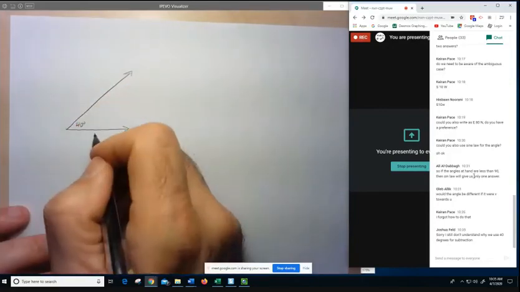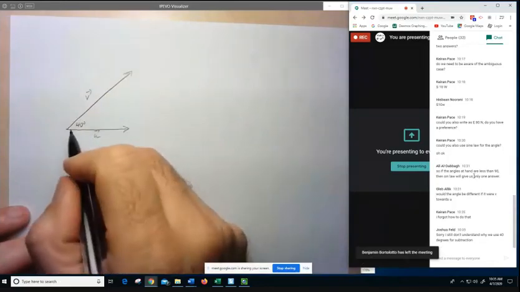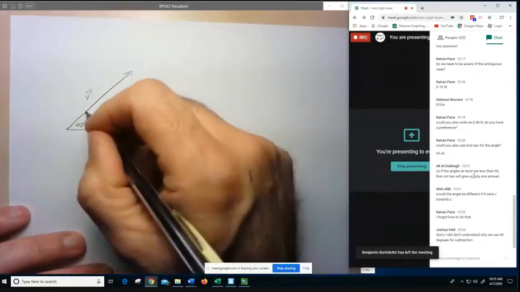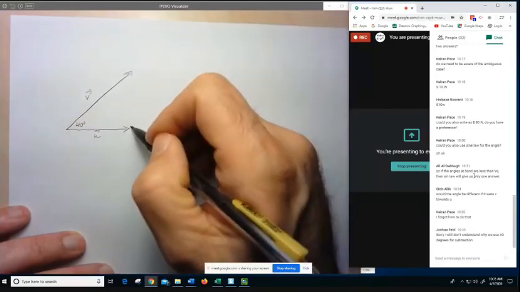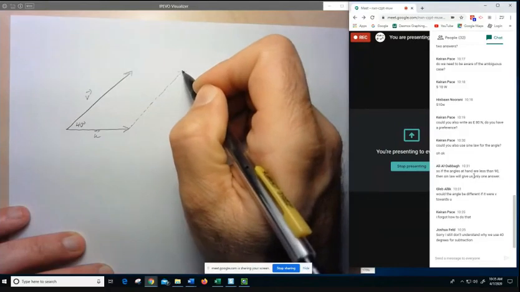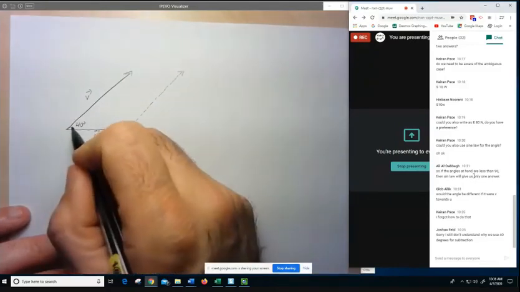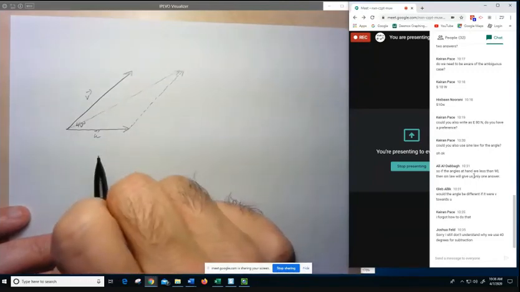If this is U and I want to add V, the idea is I want to draw them tip to tail. So I want to take this vector V and just move it over. So there's my vector V that I moved over so that now I can add these vectors tip to tail. Is that okay?